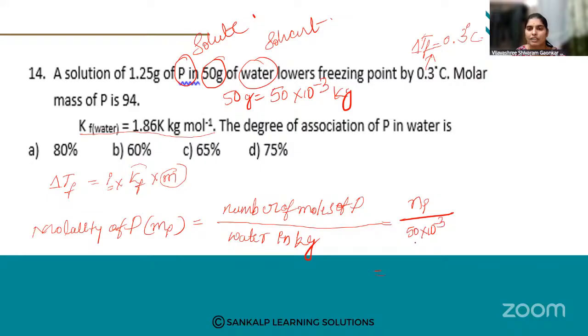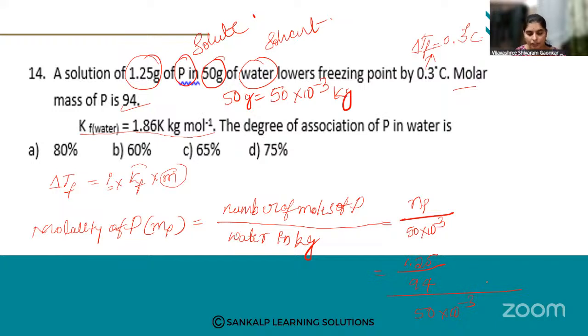So NP is the number of moles of P. Number of moles of P means given mass divided by molar mass. Molar mass is given as 94 for P. How much given mass is given? 1.25 is given. So I write it directly: 1.25 divided by molar mass 94, whole divided by 50 into 10 to the power minus 3.